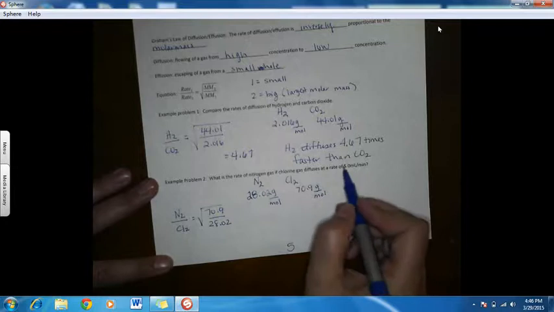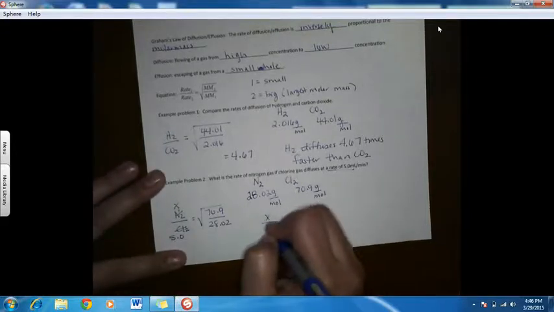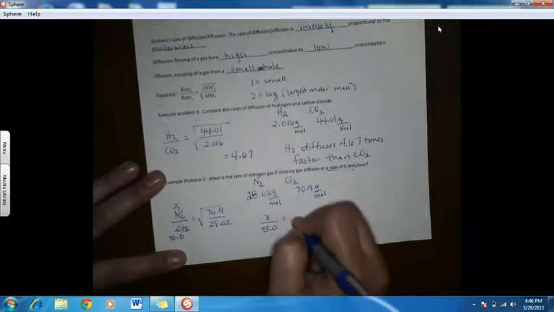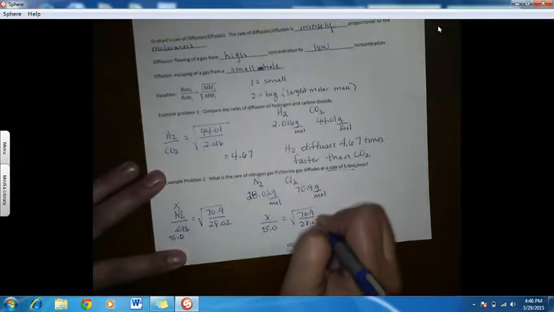Now we know that the rate of chlorine is 5, so we can replace that with 5. And our nitrogen rate, we'll call that x. So we'll have x over 5 equals the square root of 70.9 over 28.02.